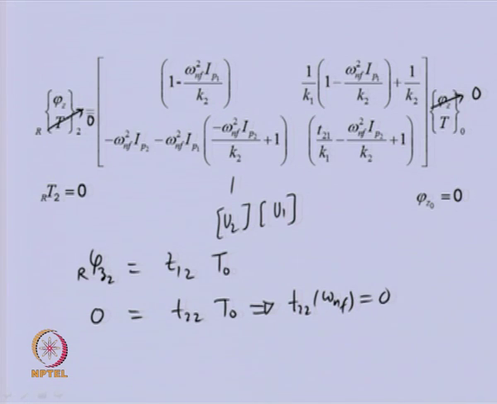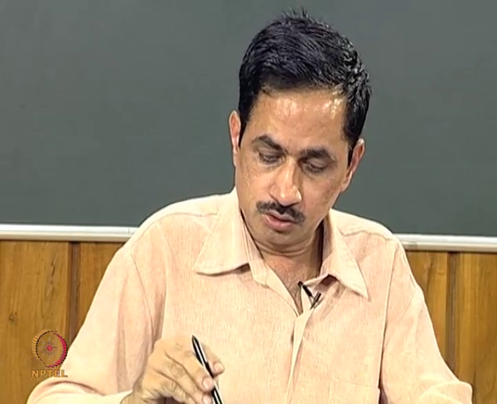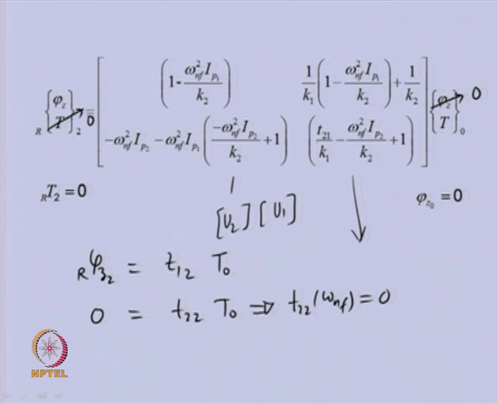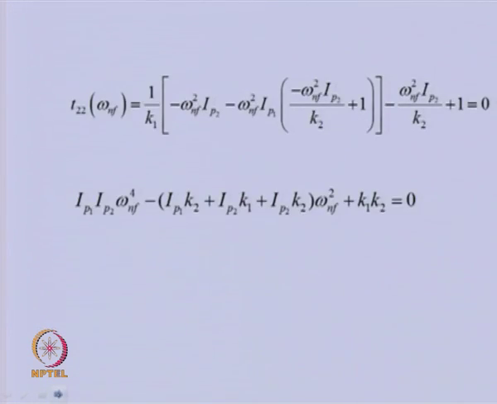So we equate this quantity to 0, and that will give us the natural frequency of the system. The expanded form of this T22, because that contains T21 also, is this one, and if we equate it to 0, we get a polynomial. This is basically a quadratic polynomial in terms of omega n squared. This can be solved to get the two natural frequencies of the system.